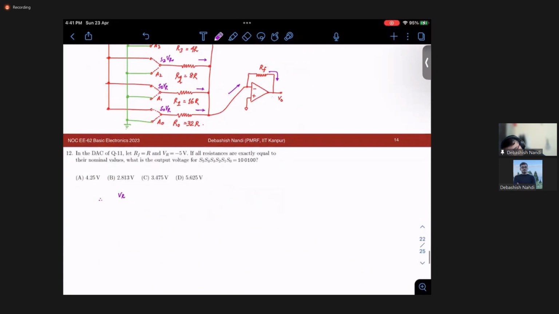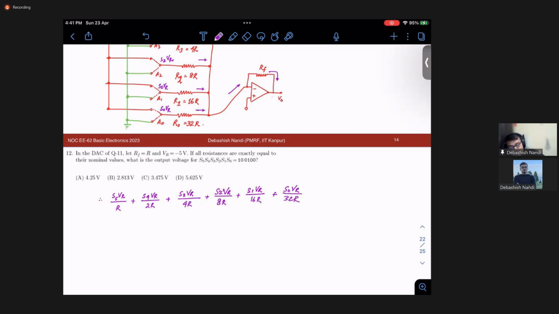Okay. So what are the total currents? S5 into VR by R plus S4 into VR by 2R, S3 VR by 4R, S2 VR by 8R, S1 VR by 16R, and your S0 VR by 32R.